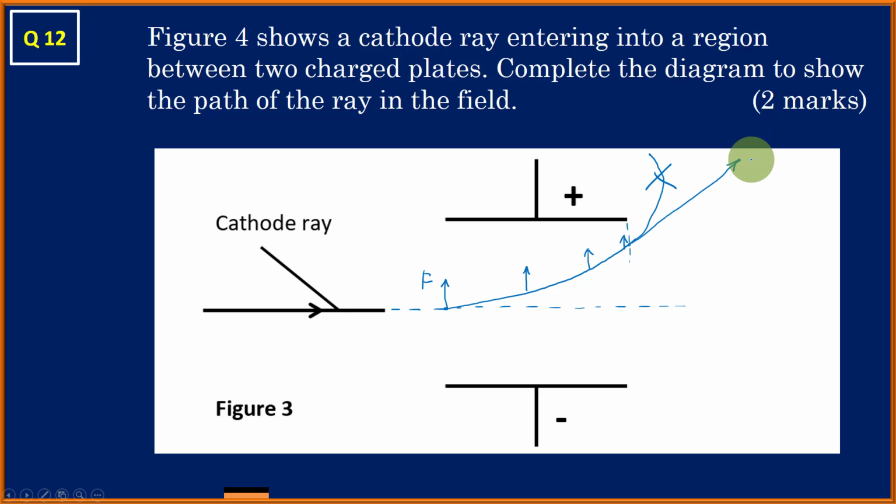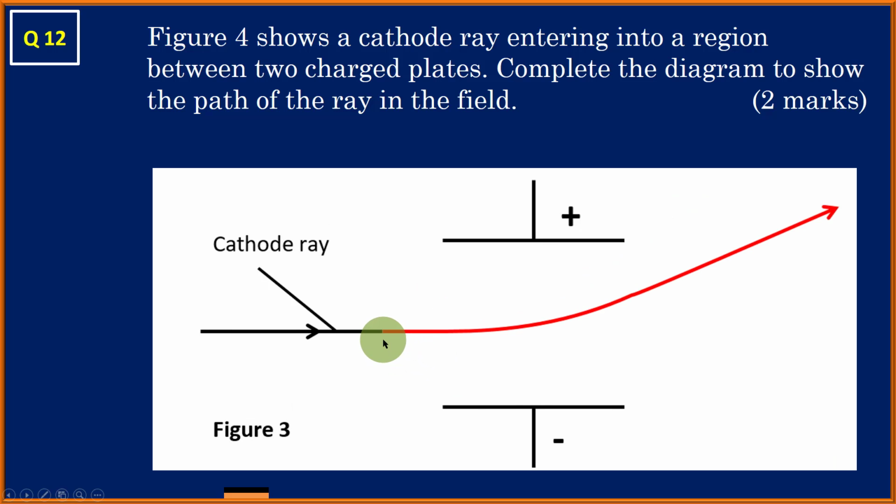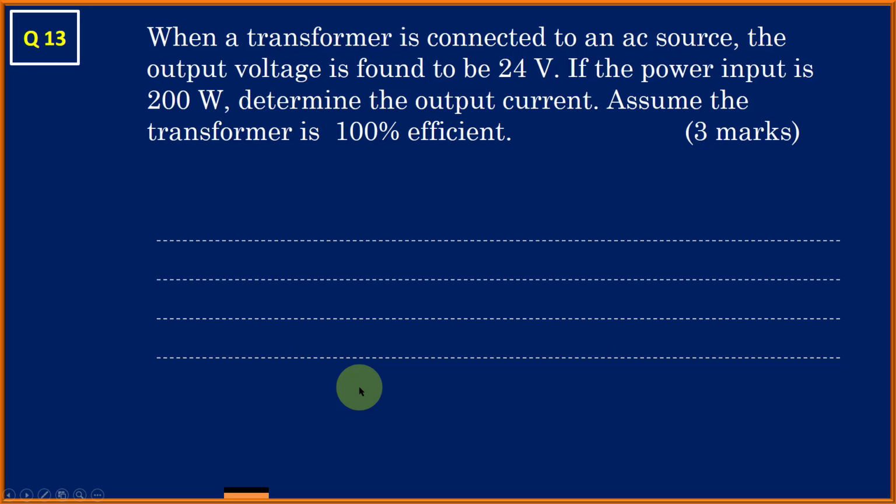Let's look at question, and of course, I've already done it for you over here. So let's look at question 13. When a transformer is connected to an AC source, the output voltage is found to be 24 volts. So this is the voltage of the secondary, so here we can say Vs is 24 volts.